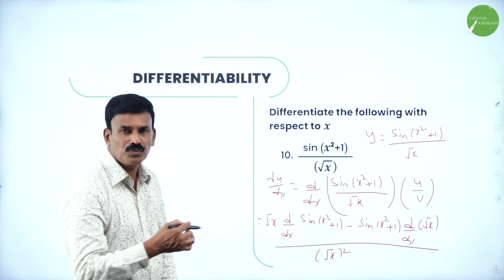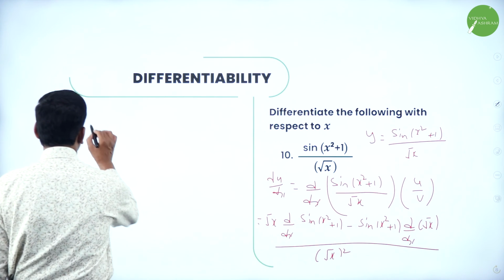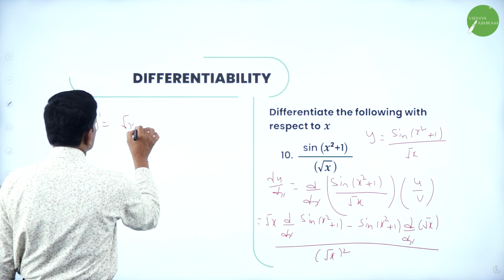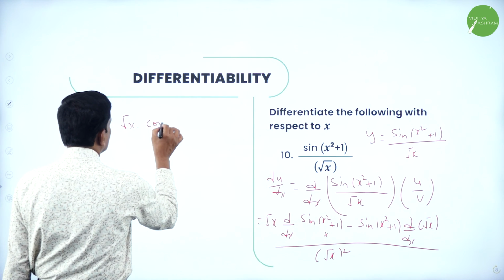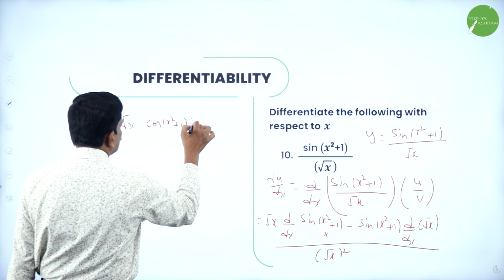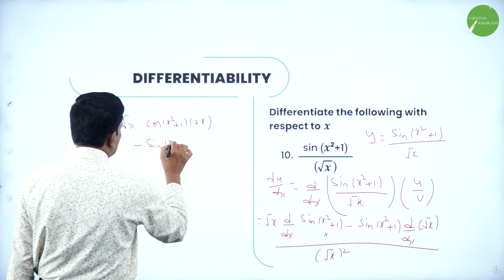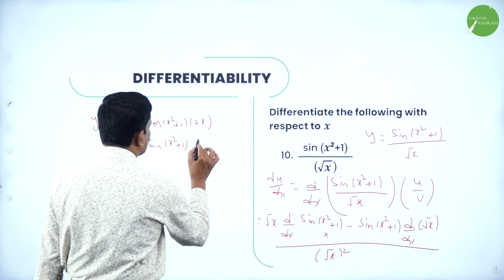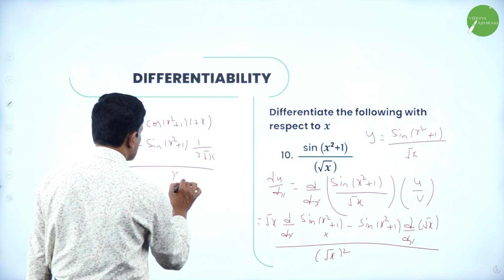Now just as in u by v, wherever d by dx, differentiate it, that's it. So dy by dx, also y dash, is equal to root x into, differentiation of sin is cos of x square plus 1 into differentiation of x square, which is 2x, minus sin of x square plus 1 into d by dx of root x, which is 1 over 2 root x, divided by the square of root x, so the root gets cancelled.